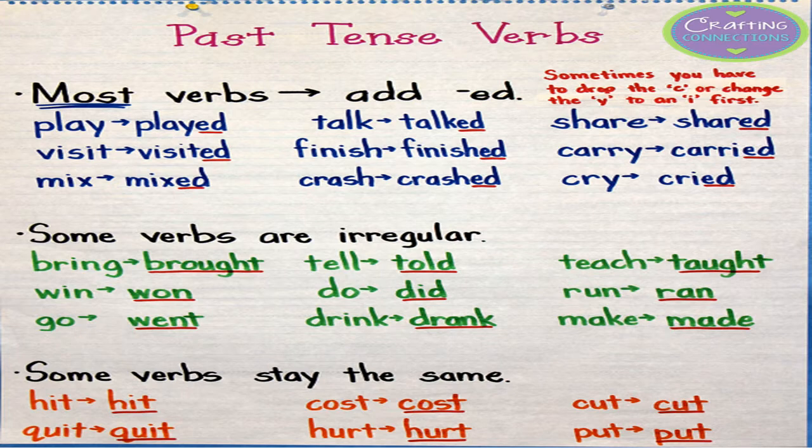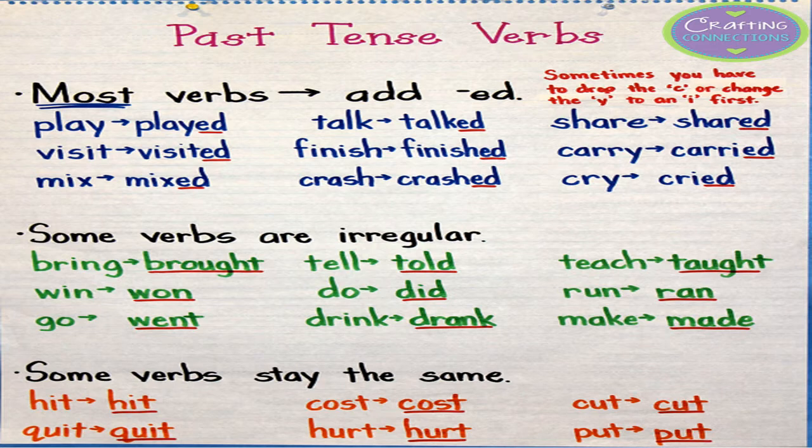But the second kind, some verbs are irregular. Irregular verbs like bring, brought, win, won, go, went, tell, told, do, did, drink, drank, teach, taught, run, ran, make, made.